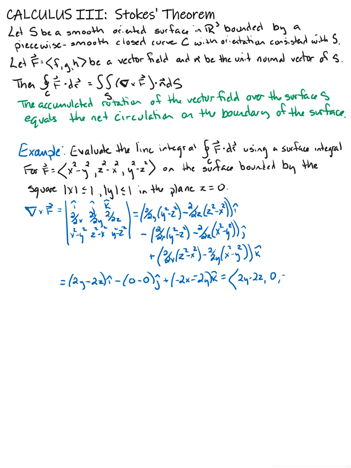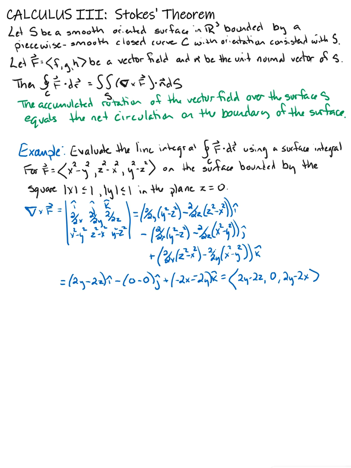Actually, let me turn that around. Let's make that 2y minus 2x, just so I don't lose that negative. All right, so now we have del crossed with F.